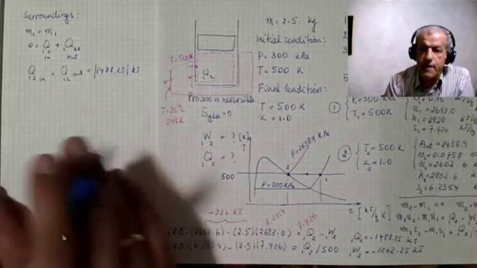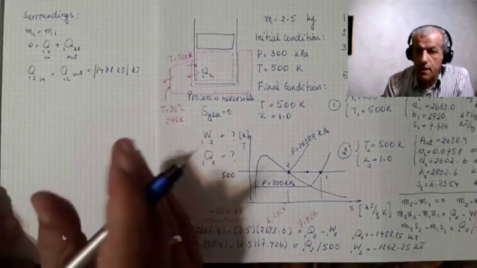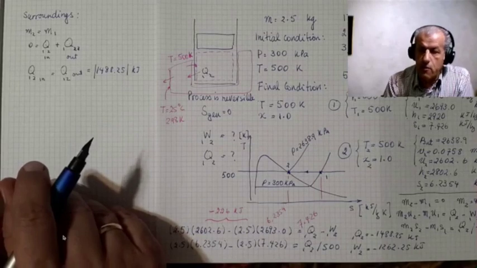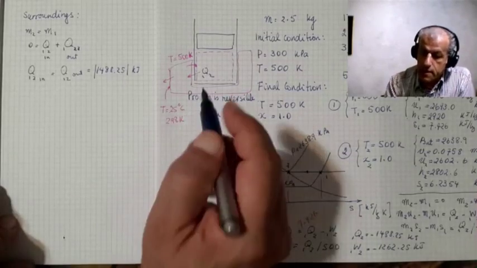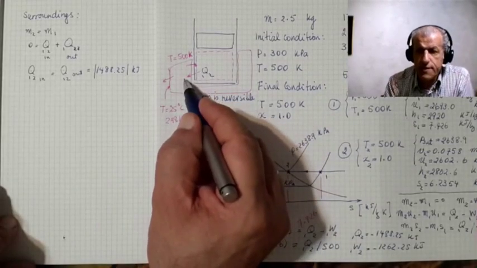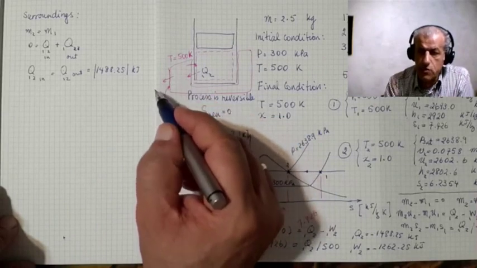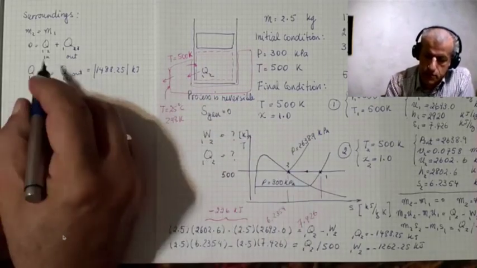The negative or positive signs are decided depending whether you want to look at the Q entering this near surrounding or the Q leaving this near surrounding.